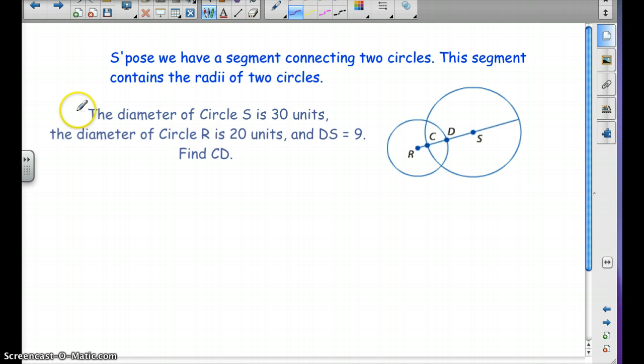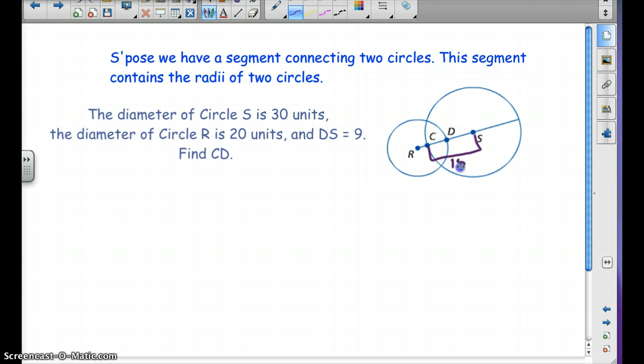Okay, so suppose we have a segment connecting two circles. These circles are intersecting. The segment contains the radii of the two circles. So notice how the radii are connected. So let's think if we can solve for CD. The diameter of circle S is 30 units. So if the diameter of S is 30, what's the radius then?